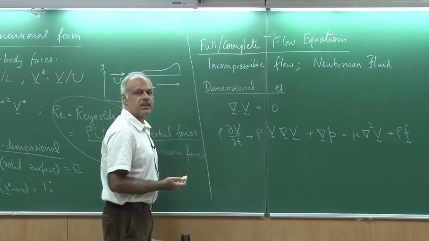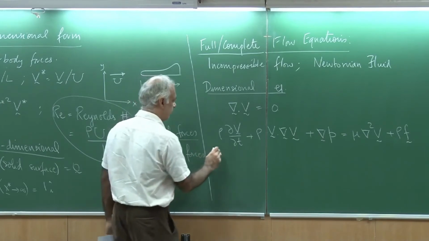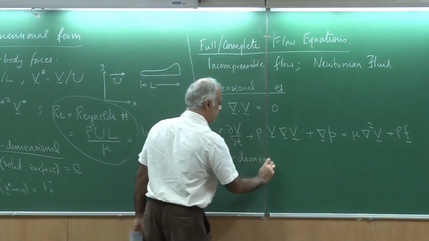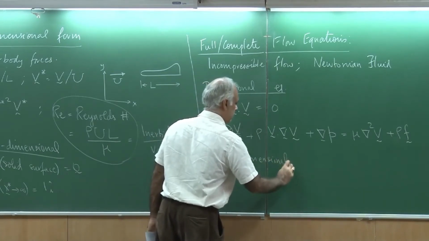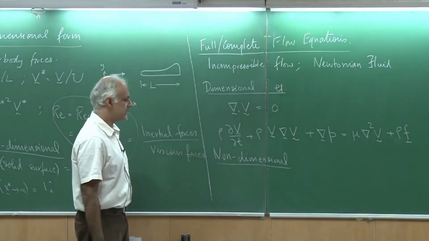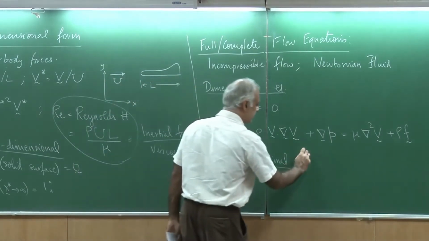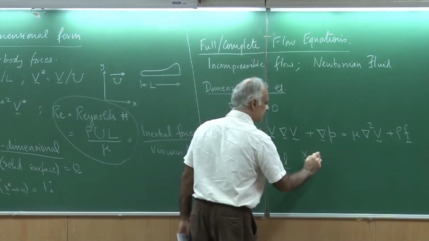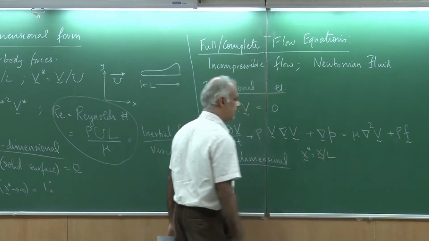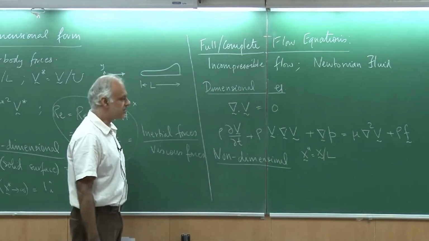Now I would like to use a non-dimensionalization. So the non-dimensional form of these equations. So I would like to propose that let x be the same as before, which is actually x star is x divided by L. Okay, so we are going to use the same length scale.